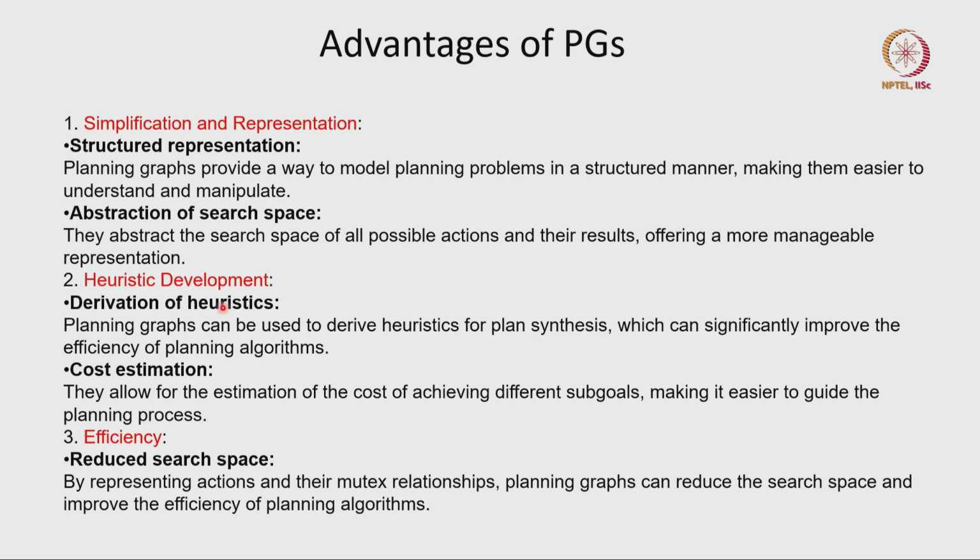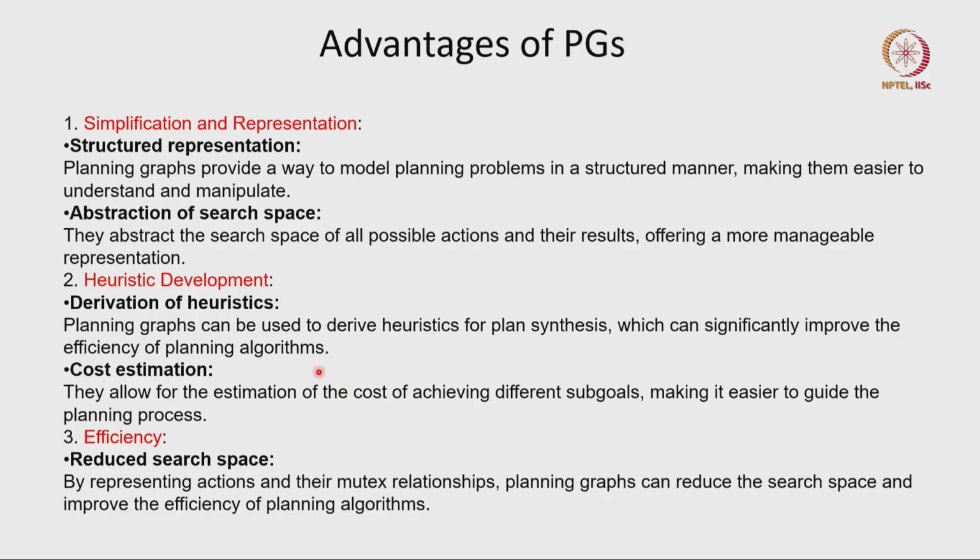Second is the heuristic development, derivation of heuristics. So you can use it to find the heuristics for plan synthesis, and we saw how we can do the cost estimation. Okay, to get a solution to a graph, or what is the cost of that particular plan, right?